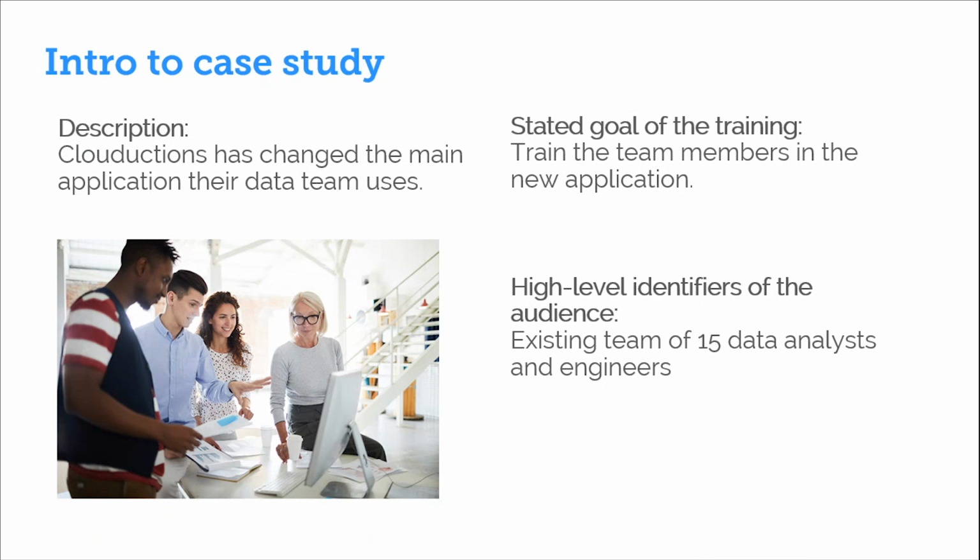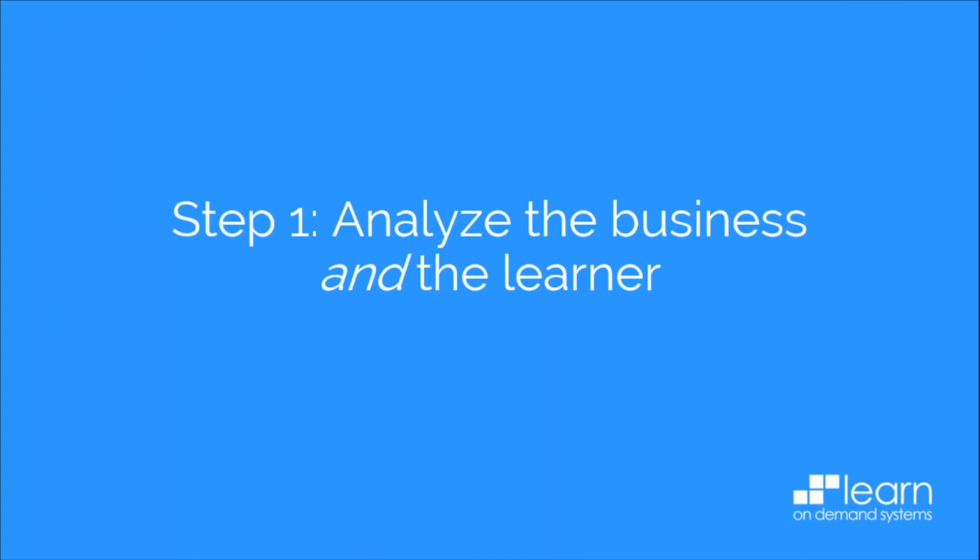If so, which ones? What new skills do they need to use the new app? These questions provide context for the content and approach of the project. We will start with framing the project, then we will concentrate on answering the learner questions. Great, so step 1, we're going to analyze the business and the learner.